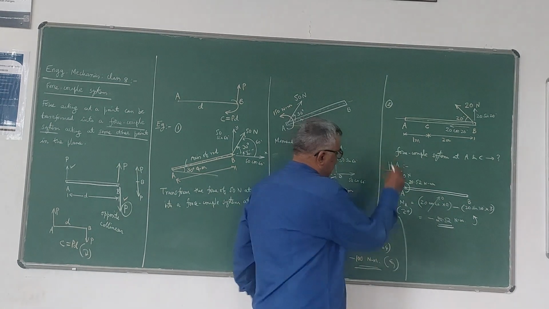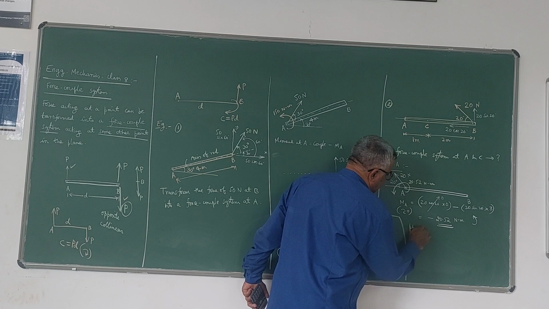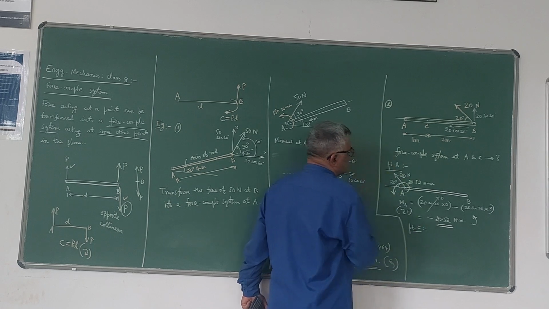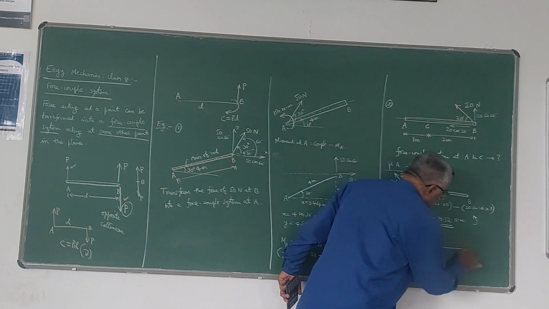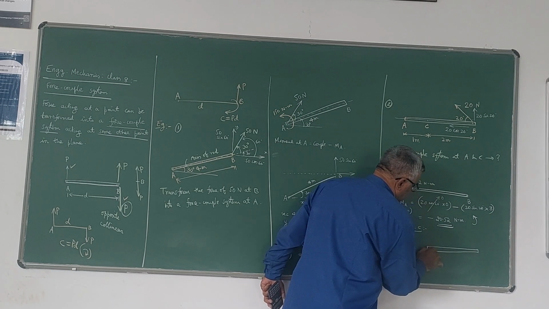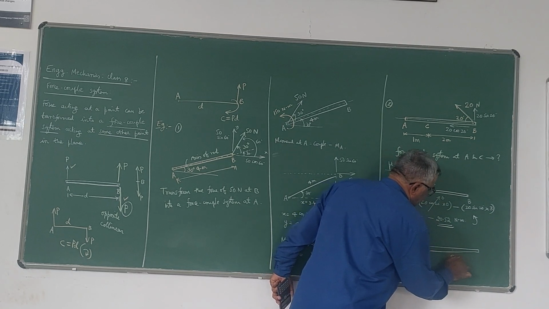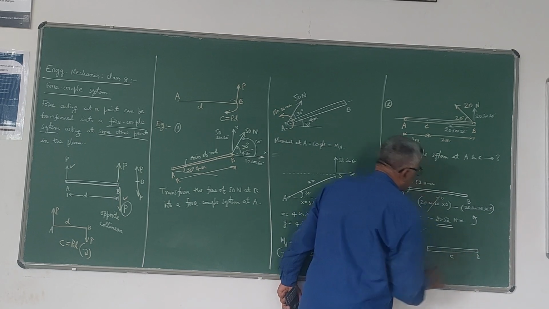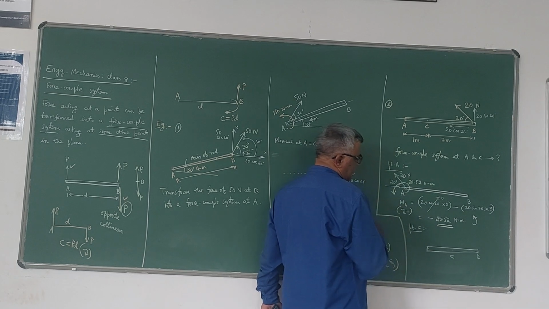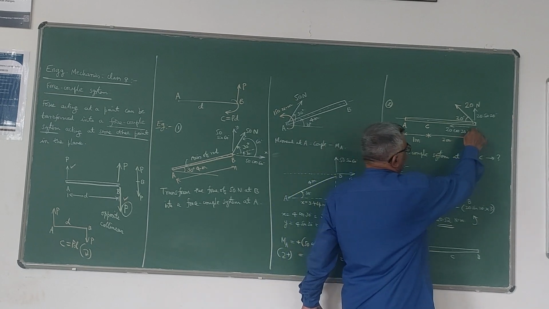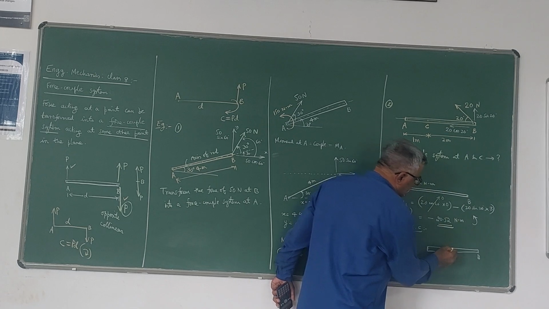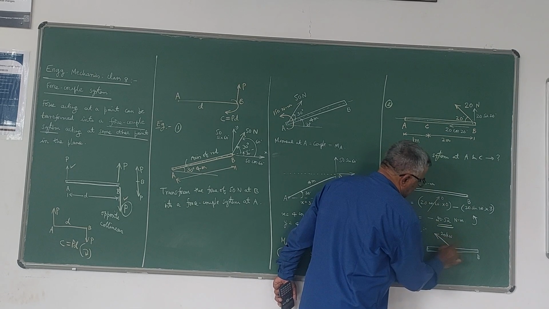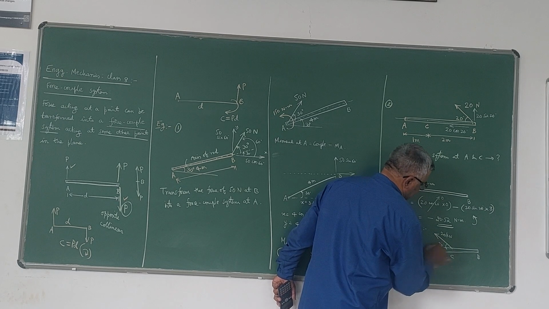Now I will take the second point, C. He has asked at C also. The same procedure is followed; the only thing is, I don't want A now, just C and B. So if you are transferring this from B to C, I have to introduce the same force, 20 Newton, acting at 20 degrees.